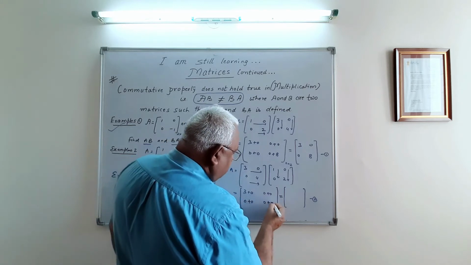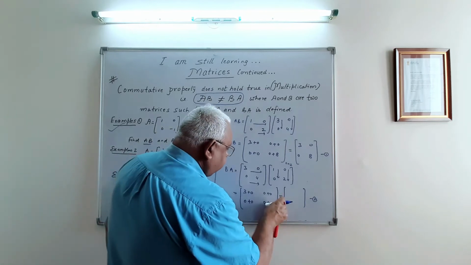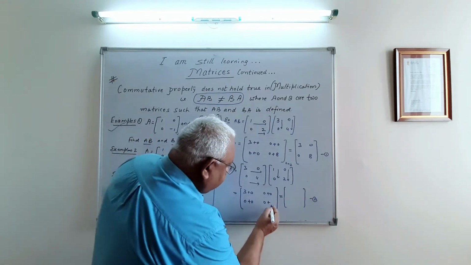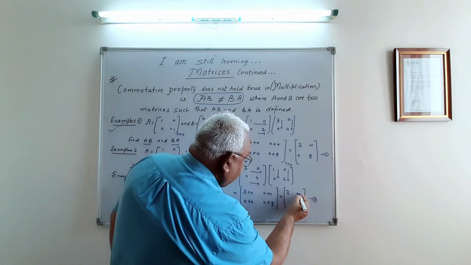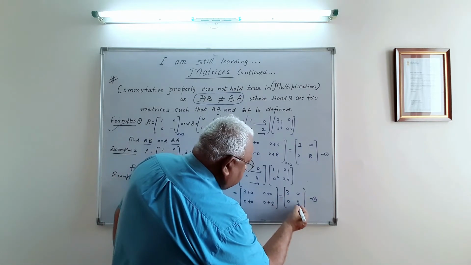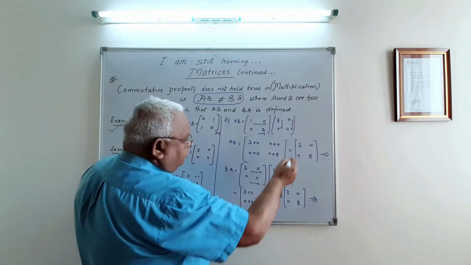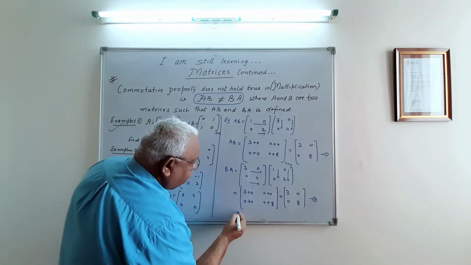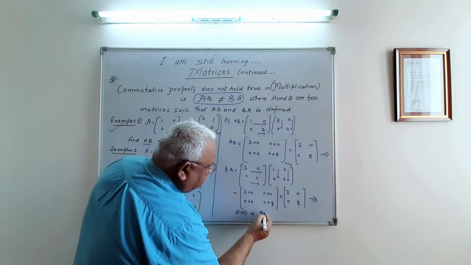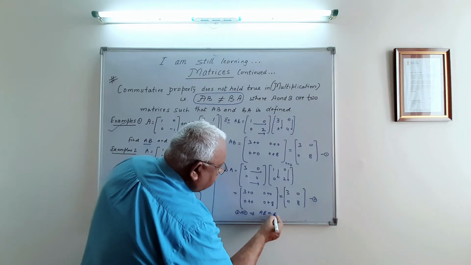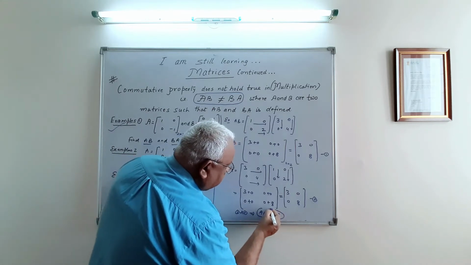So the resultant is [3 0; 0 8]. So 1 and 2 imply AB is equal to BA, right?